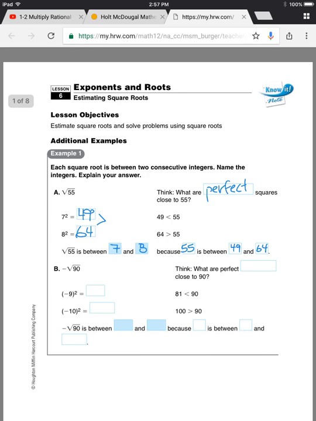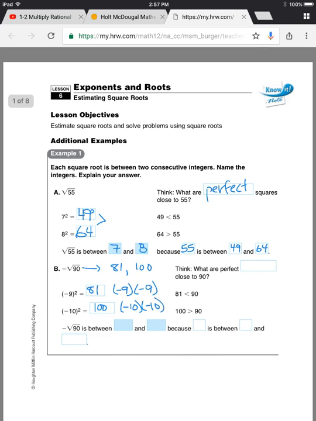Okay? So 90 has to fall between the doubles of 9 and 10, because 90 comes between 81 and 100. So negative 9 squared is 81. Negative 10 squared is 100, because that's negative 9 times negative 9, and this is negative 10 times negative 10.